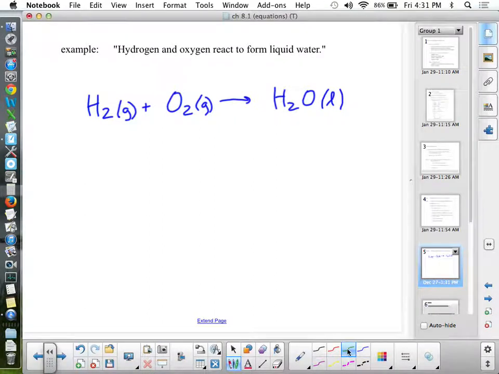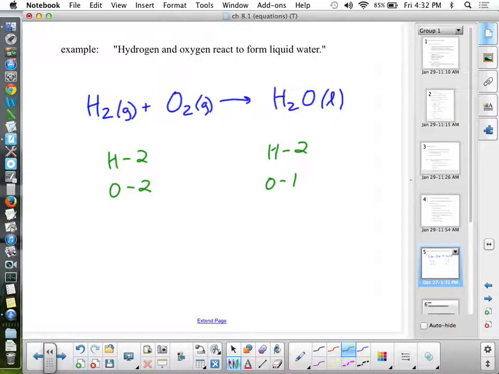So I will do my atom inventory. I'll list the elements and count the number on each side of the equation. I've got 2 hydrogen atoms on the reactant side, 2 oxygen atoms on the reactant side. I've got 2 hydrogen atoms on the product side and 1 oxygen atom on the product side. So my hydrogen is balanced, but oxygen is not. So in order to get my oxygen to balance, I need another oxygen atom on the product side.